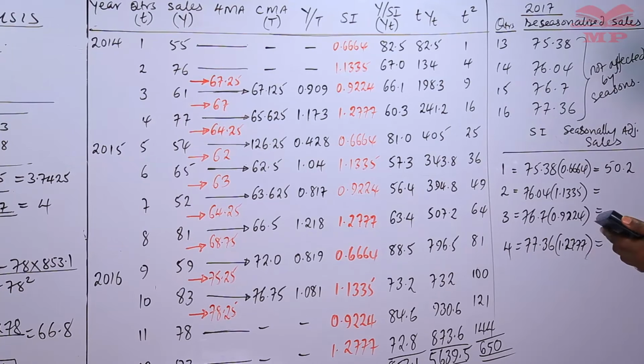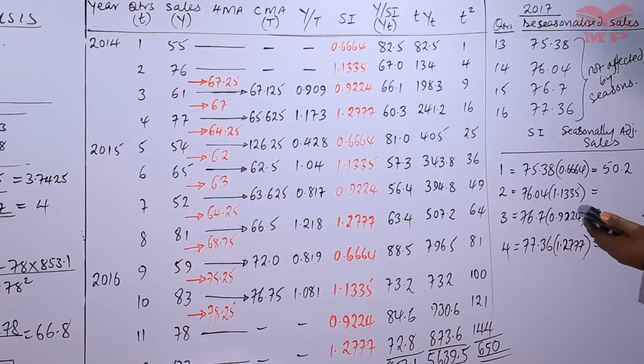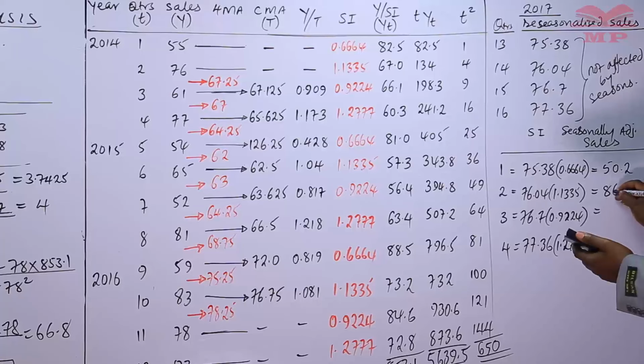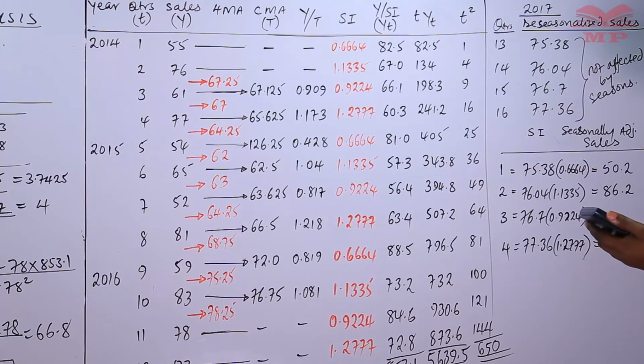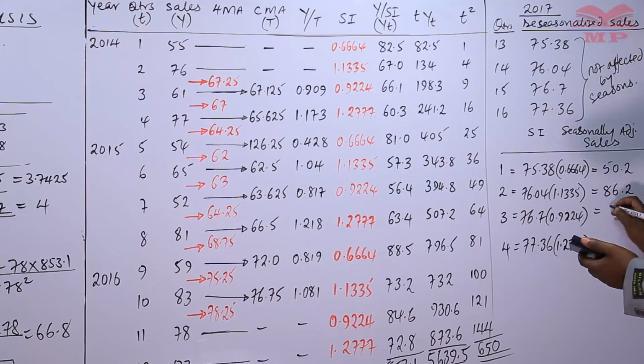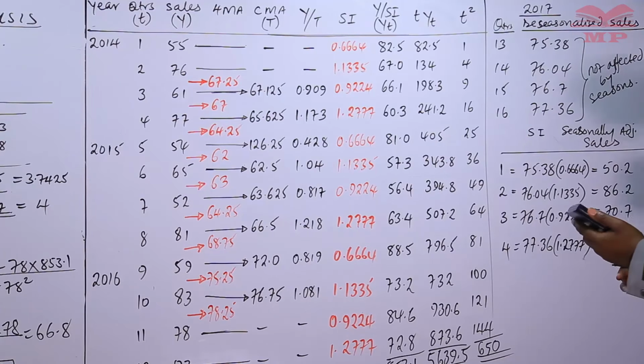The next one is 76.04. I multiply by 1.1335. This shall give me 86.2 cars. Then 76.7 multiplied by 0.9224 gives me 70.7 cars.